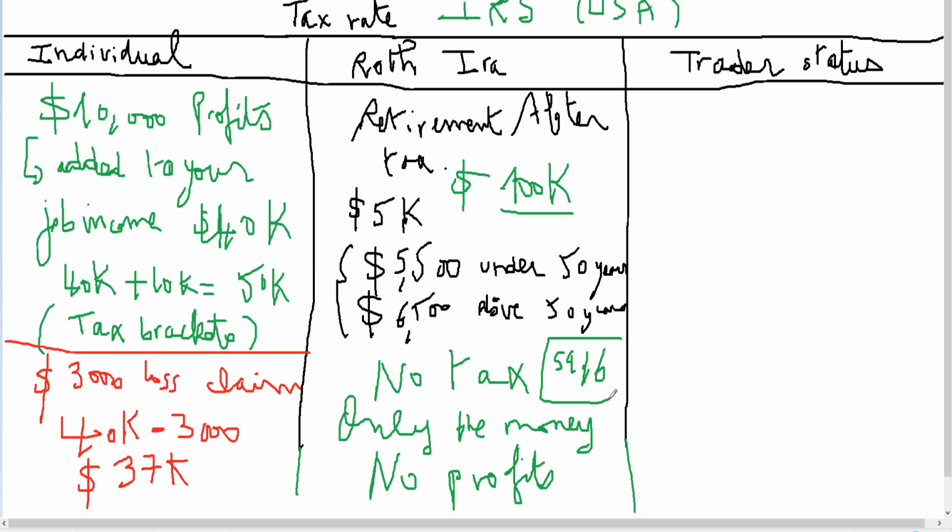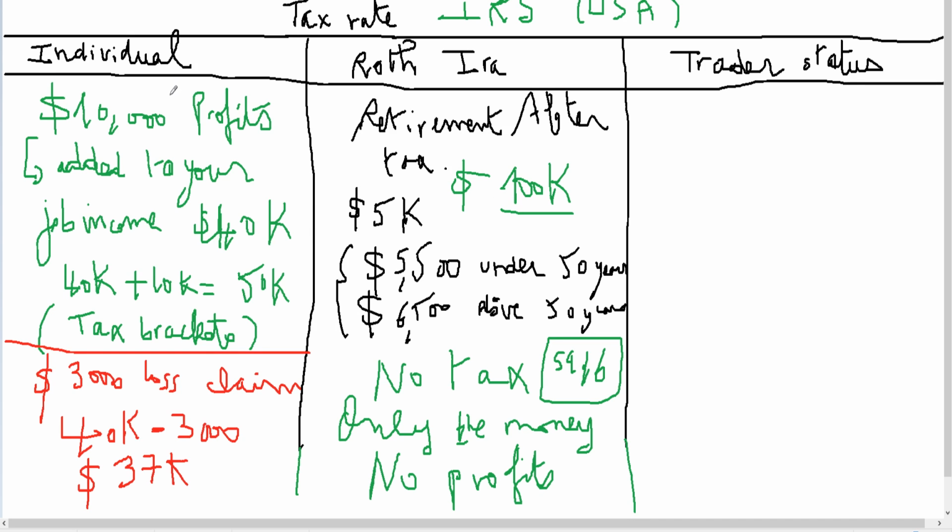So try to remember that you are not taking the profits with you. You are taking only your money, because the profits are taxed. The money you put in here shouldn't be coming from your job. No, it should be money that you saved.